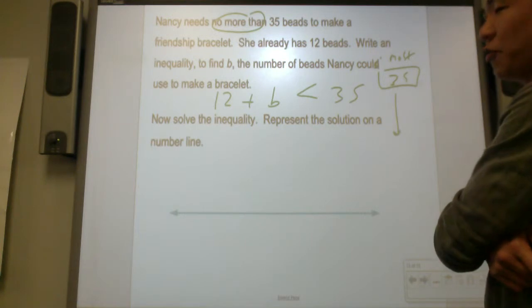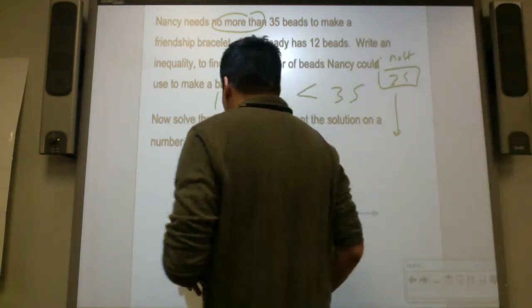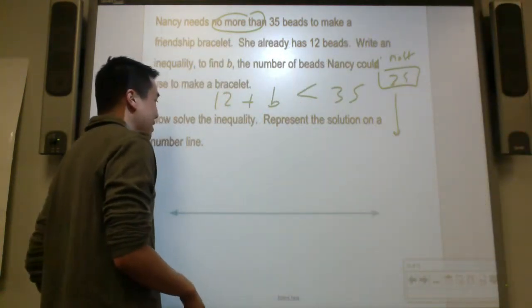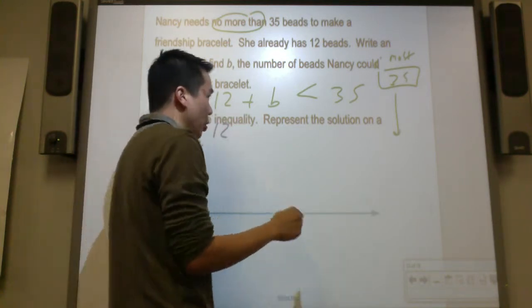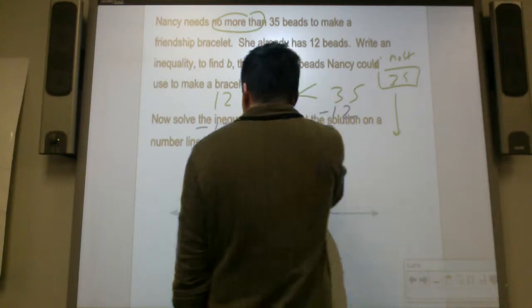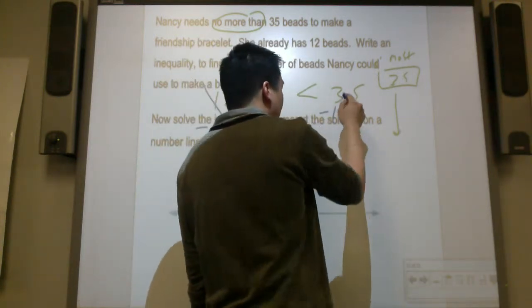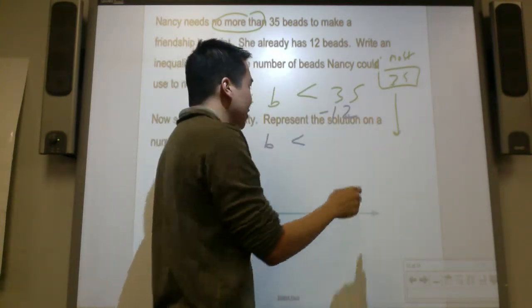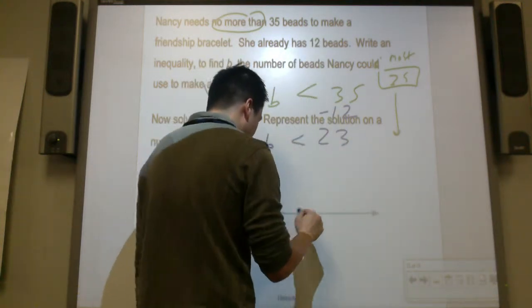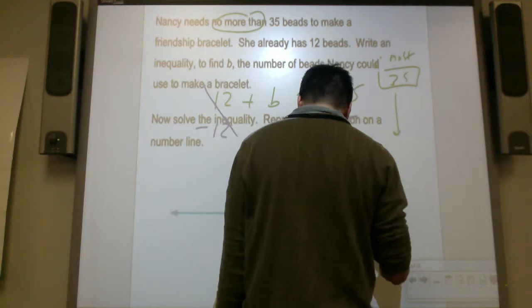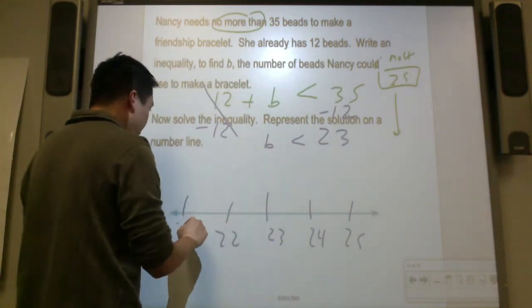So we need to solve this inequality now. What operation is the inverse of positive 12? Negative 12. This cancels. 35 minus 12 is 23. So we'll plug it in: 23, 24, 25, 22, 21.